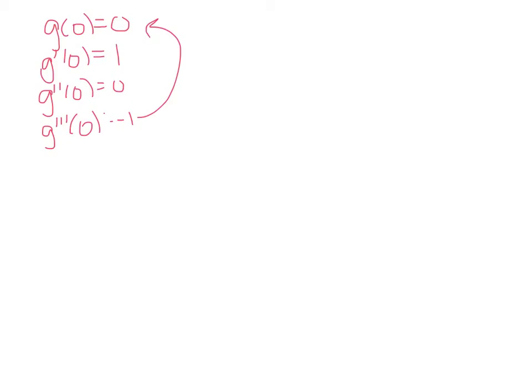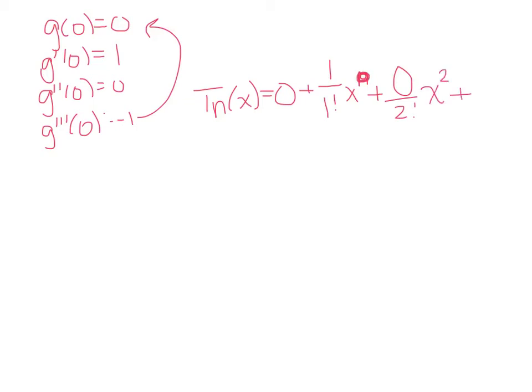So as we're trying to write out the Taylor polynomial for sine of x, we'll have 0 plus 1 over 1 factorial x plus 0 over 2 factorial x squared plus negative 1 over 3 factorial x to the third plus dot dot dot.